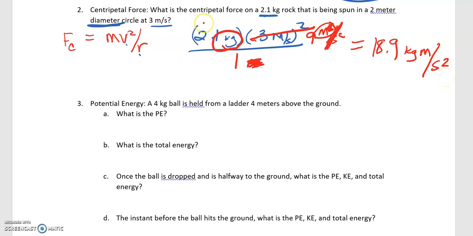So just to show you how our labels do end up working out, it does work out to be in newtons. I do need to check for my significant figures, though. It looks like I only get 1, so I would have to round this to 20 newtons, or you could leave it as a kilogram meter per second squared. Either unit would be fine. So my centripetal force is 20 newtons.